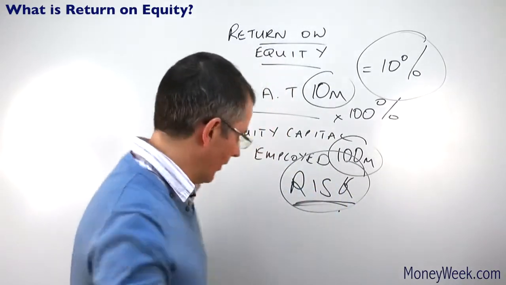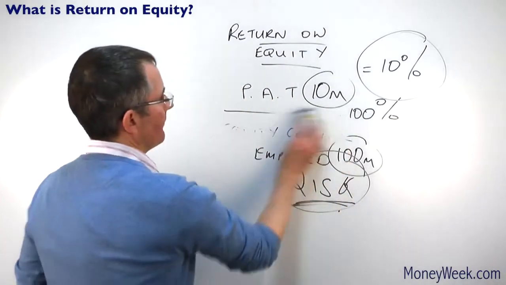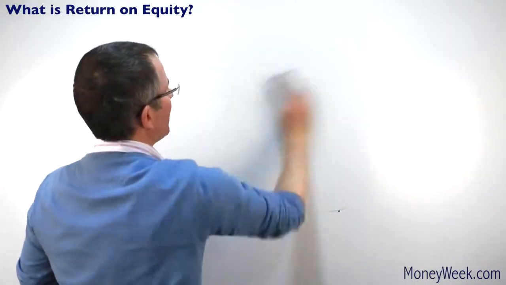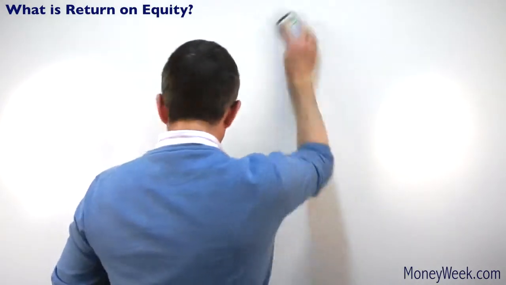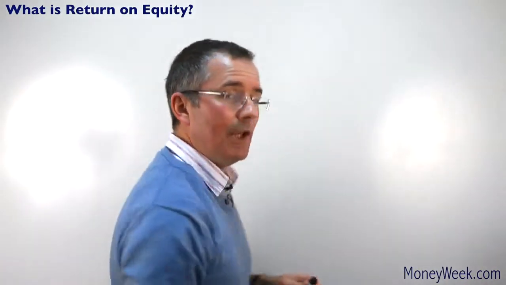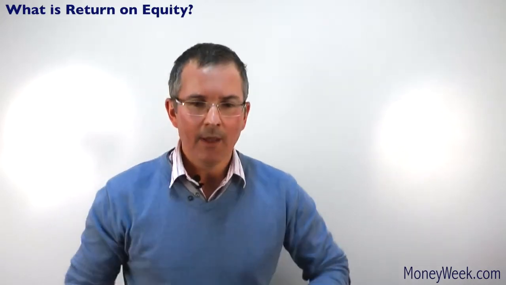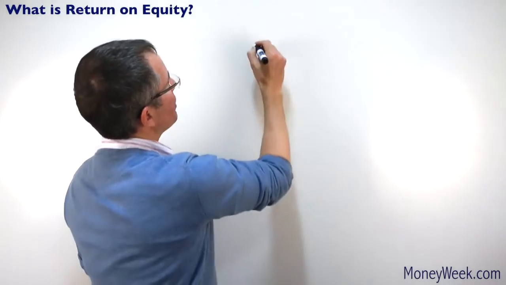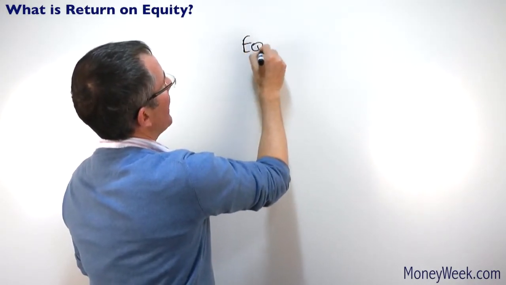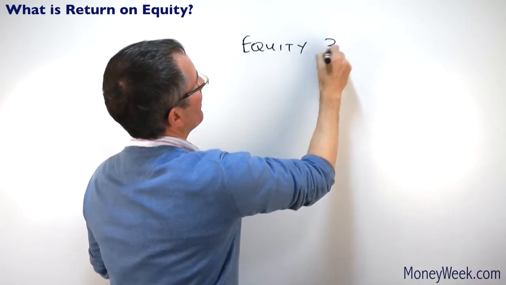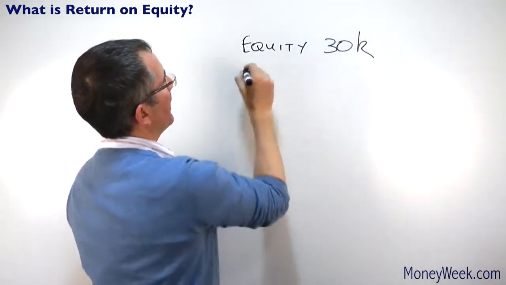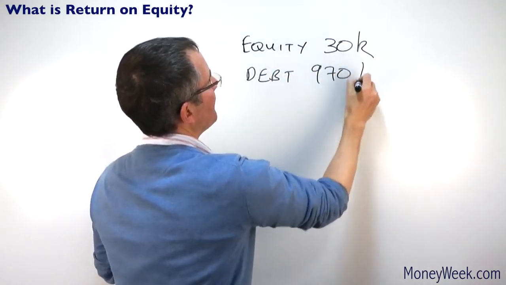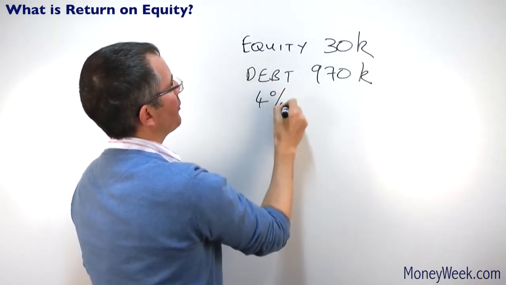Now, let me just illustrate the problem using some fairly straightforward numbers. Return on equity is a good ratio. It's one of the ones that's useful to have in your armory, but it's not perfect. Let me give you a quick scenario. First of all, imagine that a business is funded with equity of £30,000 sterling, and this might look a bit extreme, but debt of £970,000 with a 4% interest rate.